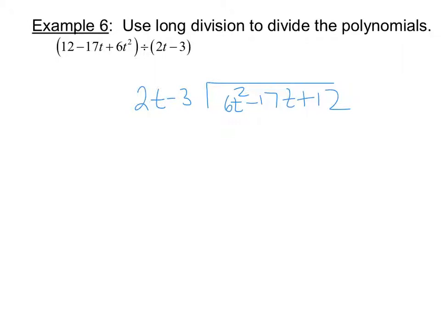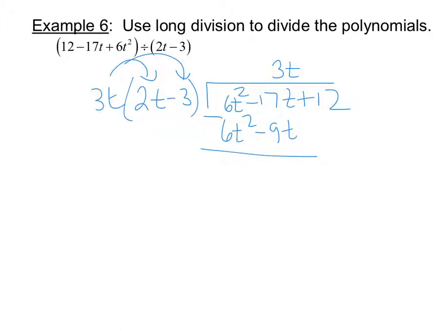So, now you have to ask, what do you have to multiply 2t by to equal 6t squared? Well, 3t. And see how I'm lining it up over the matching degrees? Because that lets you know at most how many stages you have left to multiply. So you have to distribute that 3t. So you get 6t squared minus 9t.